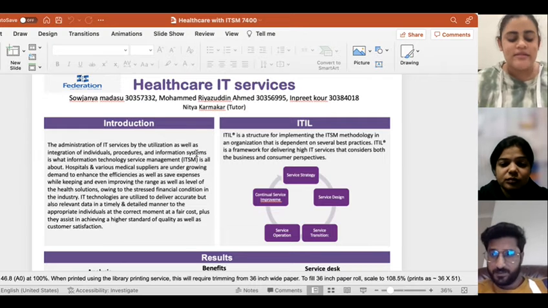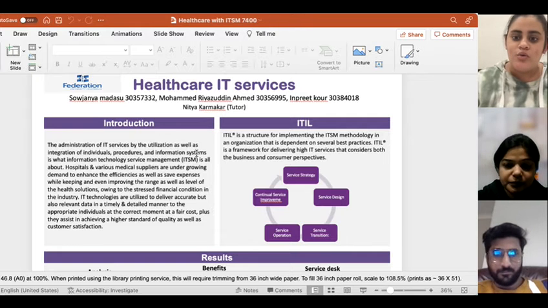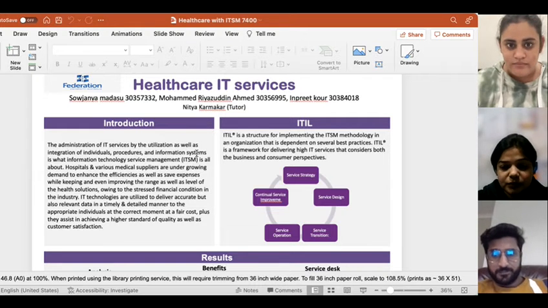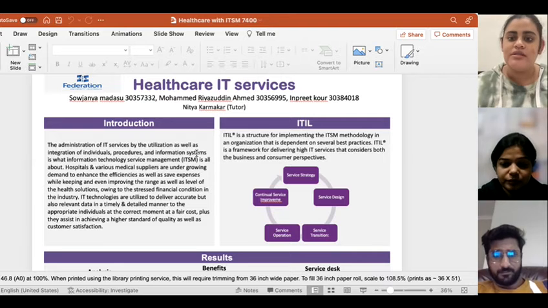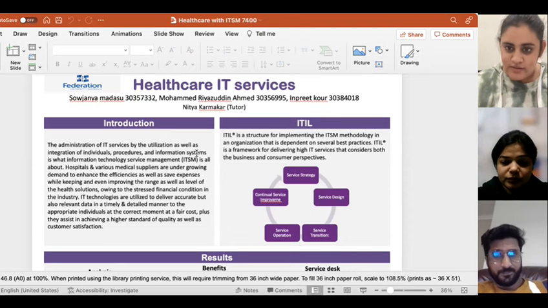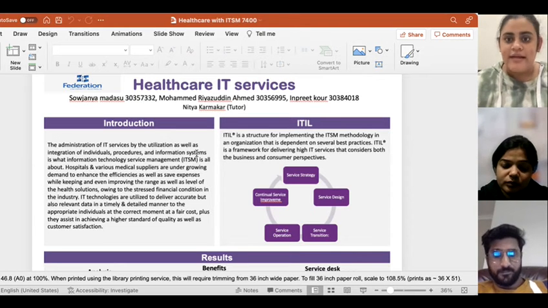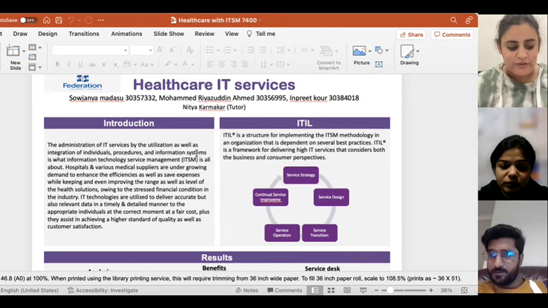It includes creating, designing, delivering, and even providing aid when people are having a problem with an IT service they are using. Even in our university portals, we get an IT service desk, which is part of ITSM.